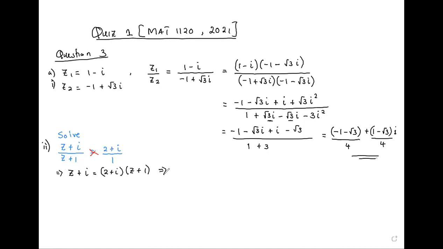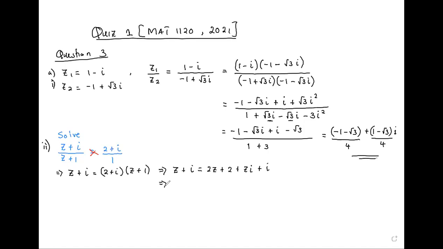And this will give us, on the left, Z plus I. On the right, we expand 2 times Z, we get 2Z, and 2 times 1, we get 2. Then I times Z, we get ZI. Then I times 1, we get I. So what do we get out of this?